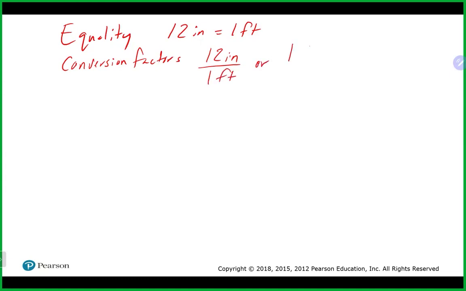Or we could have a conversion factor where we have 1 foot up on top and 12 inches on the bottom. So these are two conversion factors that you could use in a problem. As we also talked about, you should probably never use both of them together, otherwise they undo each other. So you should only choose the one that you need to use.